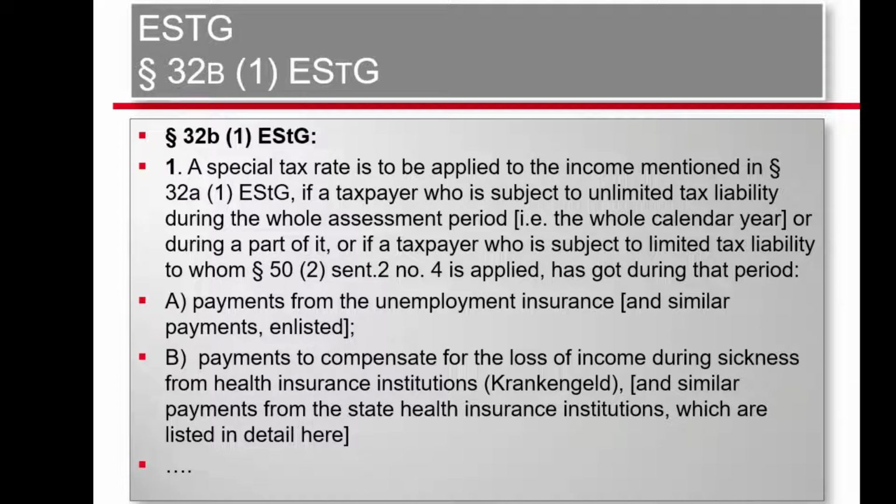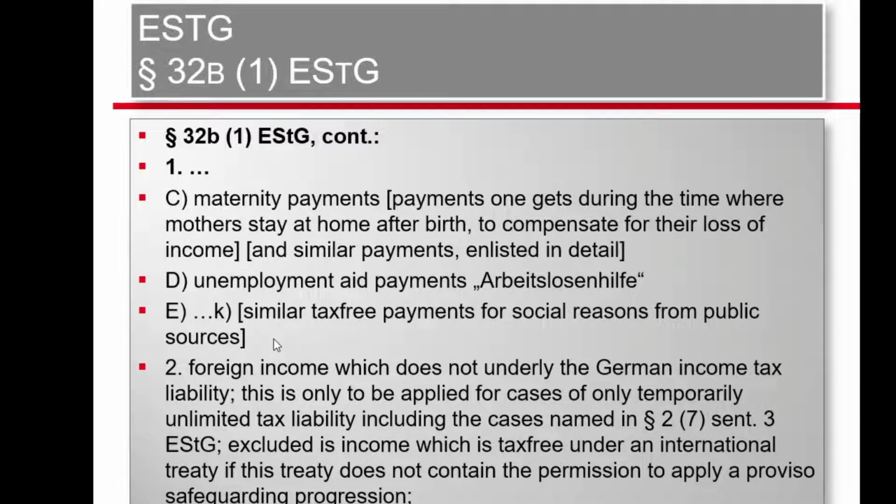And so we see here 32B, paragraph 1. A special tax rate is to be applied to the income mentioned in paragraph 32A1 ESTG if a taxpayer who is subject to unlimited tax liability has got during that period, and then comes a list of tax-free income or not tax-relevant income.